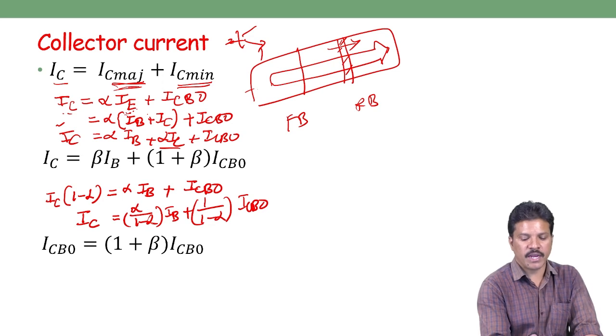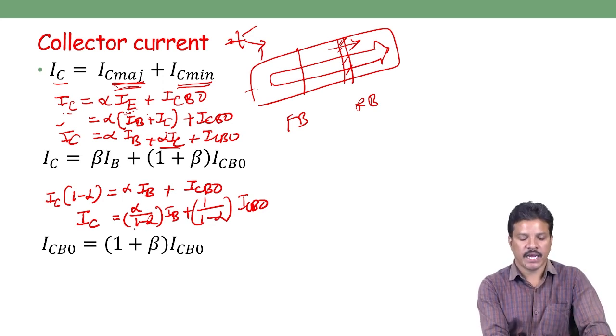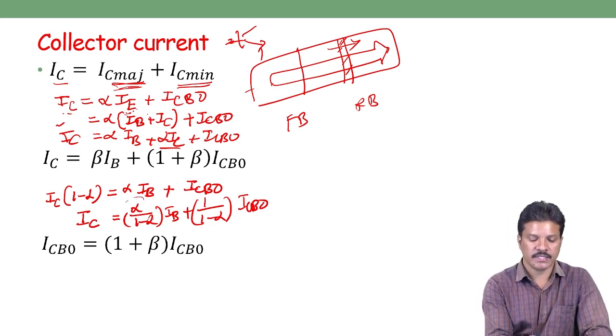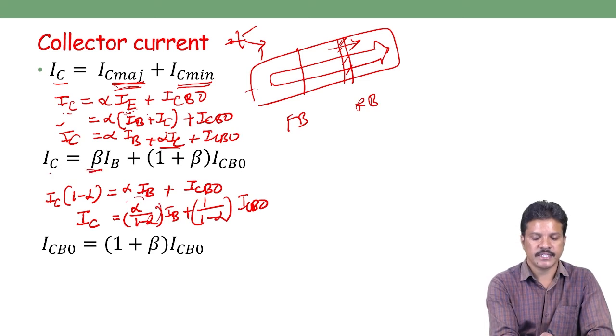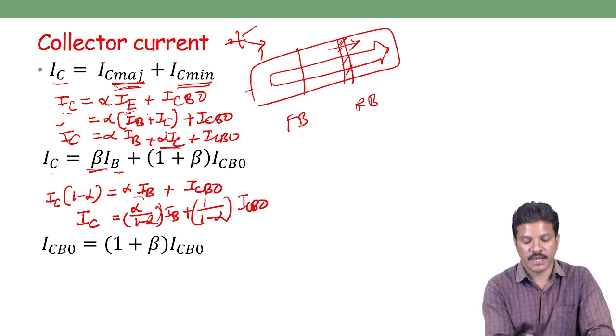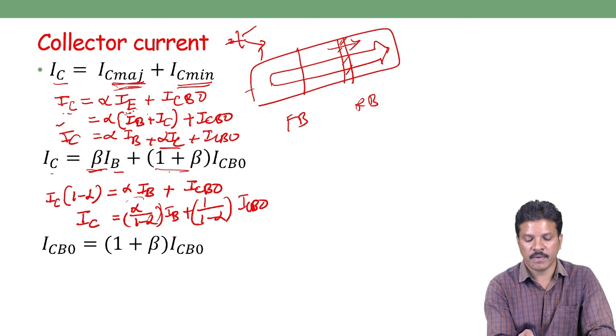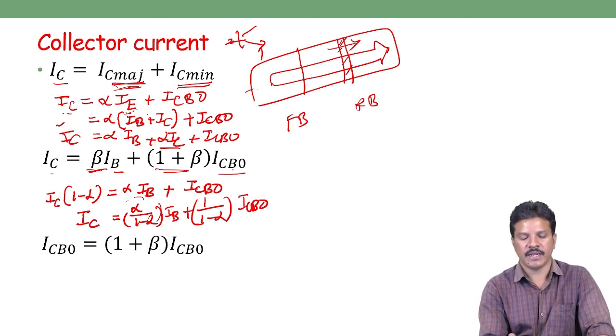This alpha by 1 minus alpha is called beta. So IC is equal to beta IB plus 1 by 1 minus alpha, which from the alpha beta relation, I will explain later, is represented by 1 plus beta, into ICBO.